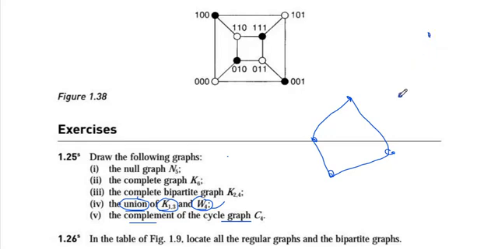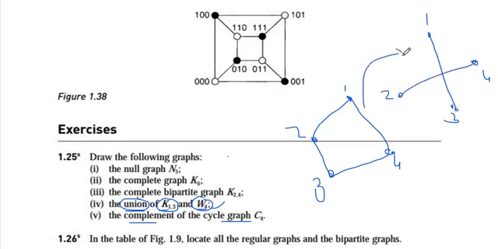Opposite means you draw the edges that are not joined in the original graph. So with vertices 1, 2, 3 and 4: 1 and 2 are connected, so we do not draw them, and we draw 1 and 3, and 2 and 4. So this is the complement of the cycle graph.